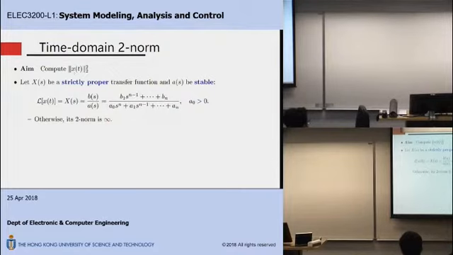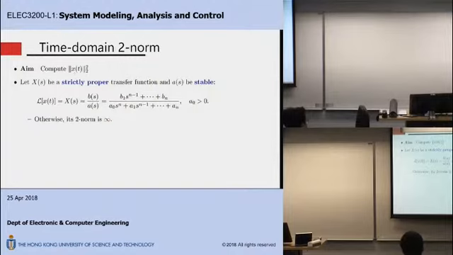In that case, of course, the two norm is infinity, it's unbounded, because the two norm is the square integral of the time function from 0 to infinity. So for this time function to have a finite two norm, the behavior has to be stable. That means when t goes to infinity, it has to converge to 0. That's why we assume all the poles of the Laplace transform are good poles.